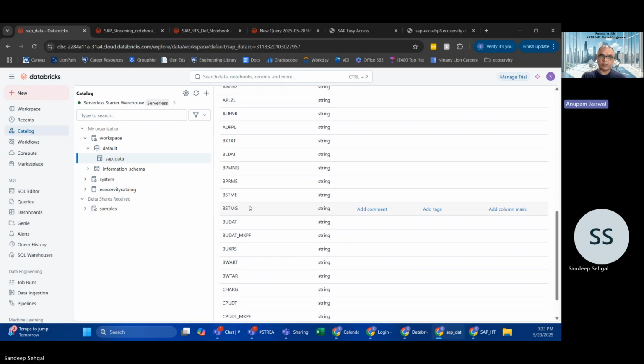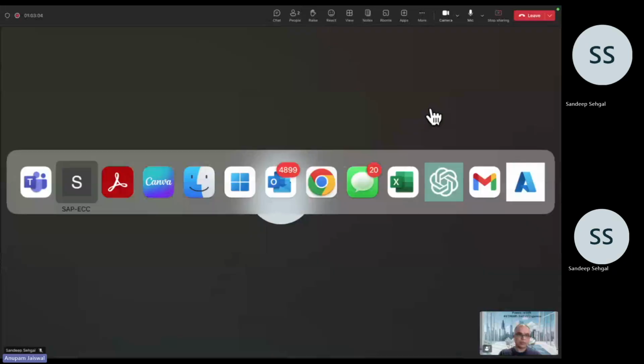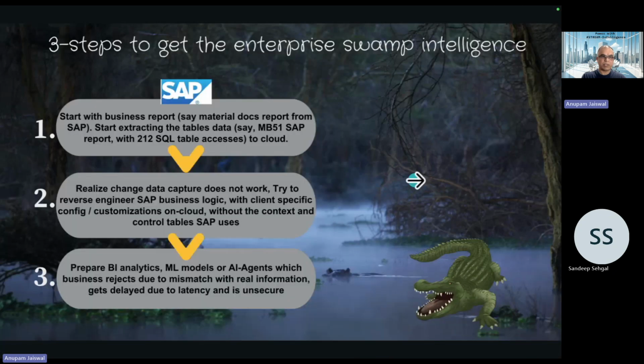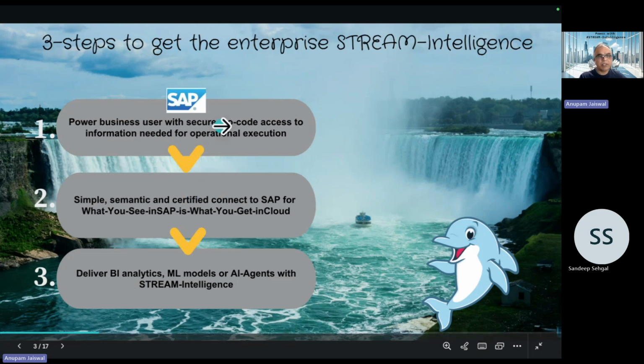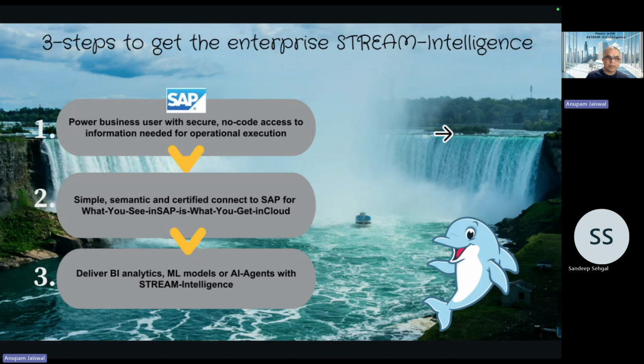So Sandeep, can I take back the screen? Sure. All right. To summarize, what you have done with stream intelligence is give the ability for business users to really get no-code access to the information they need. This is semantic model access, which is certified by SAP.